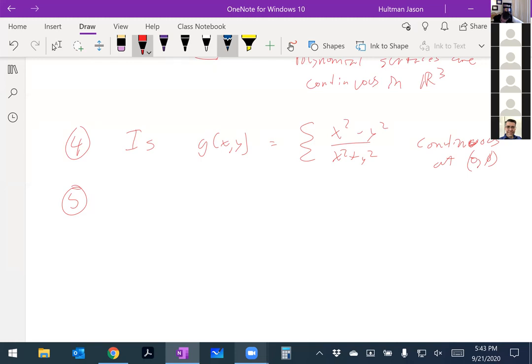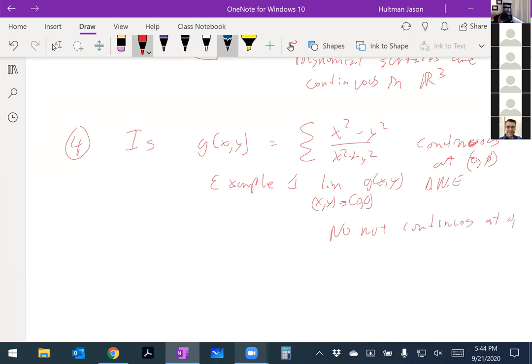If we go back to example 1, it says that the limit as (x, y) approaches (0, 0) of g(x, y) does not exist, so therefore, no, not continuous at (0, 0).